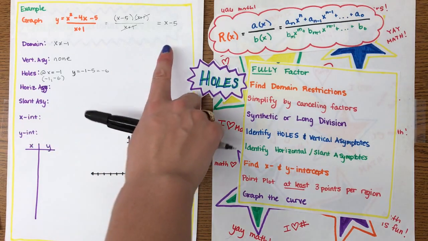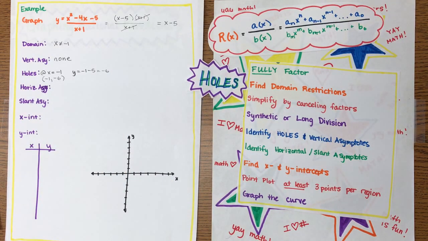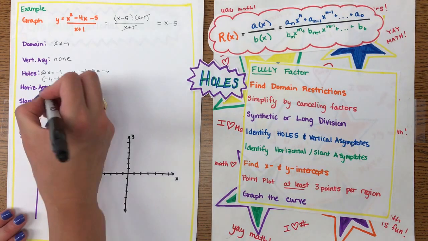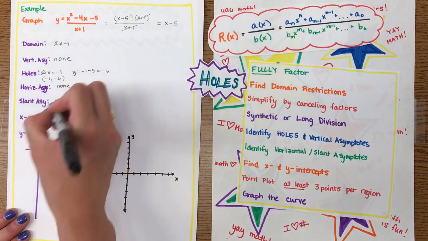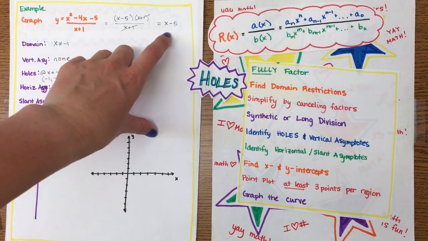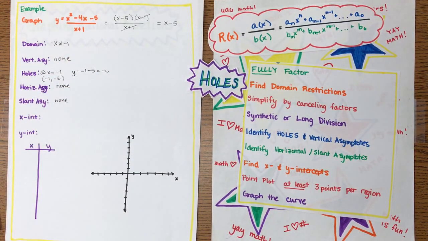And actually, if I look at my simplified equation, it's just x minus 5. It's just a line. So there are actually no horizontal and no slant asymptotes, because when I've simplified down, it's not a rational function anymore. This is just the graph of a line with a point missing from it.